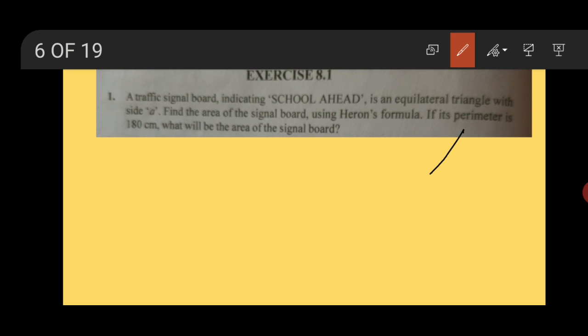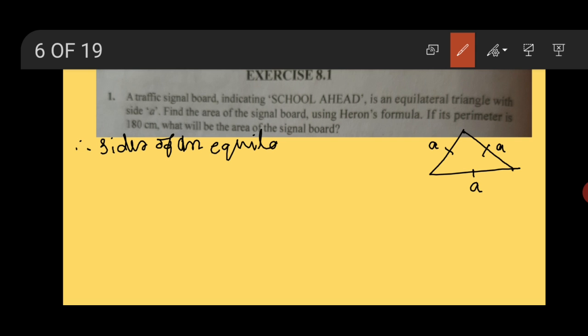Yes, now let us write an equilateral triangle whose side is a. All sides of the equilateral triangle are the same, so sides be a. Therefore, write down sides of an equilateral signal board: a is equal to a.